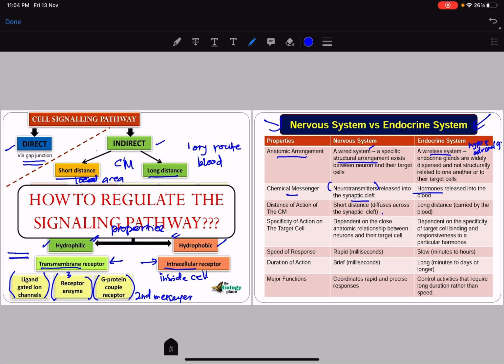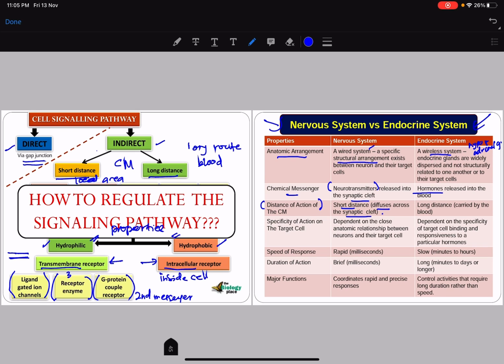Let's see in terms of the distance of action of these chemical messengers. For the nervous system, the distance is very short. The neurotransmitter diffuses across the synaptic cleft. What is the synaptic cleft?